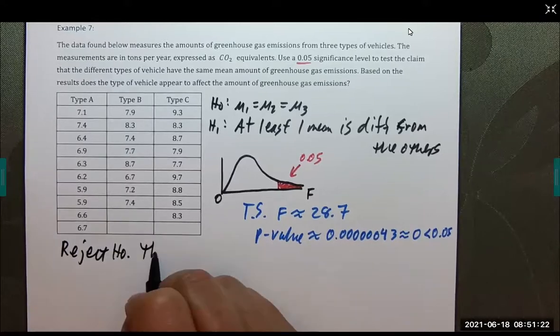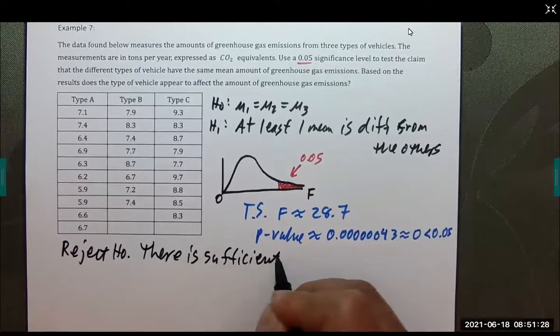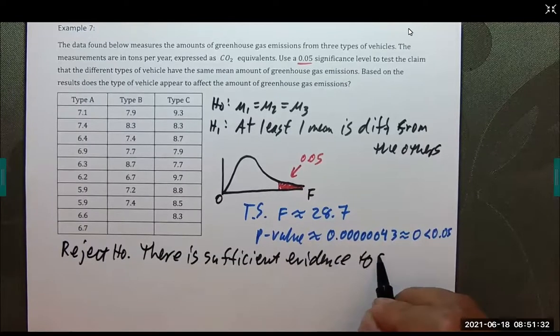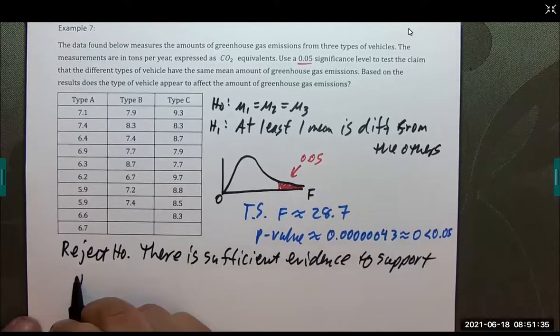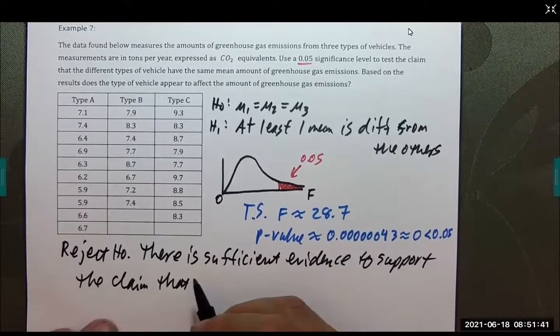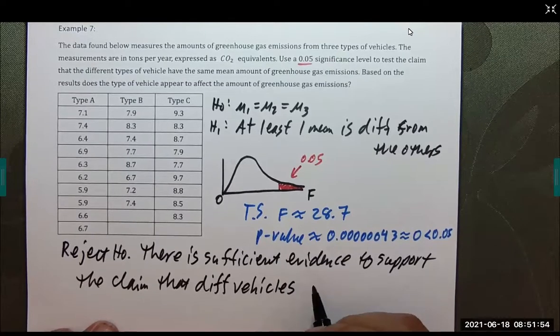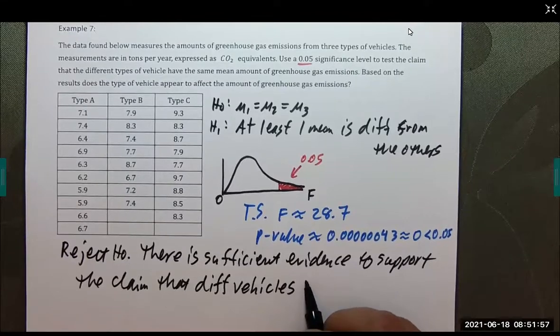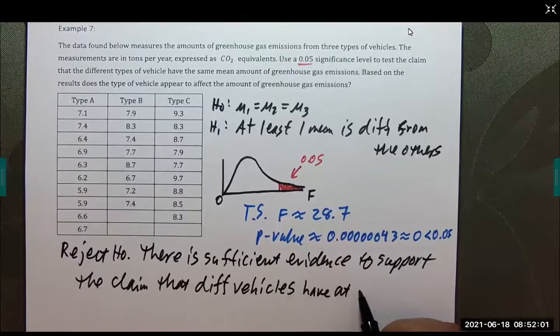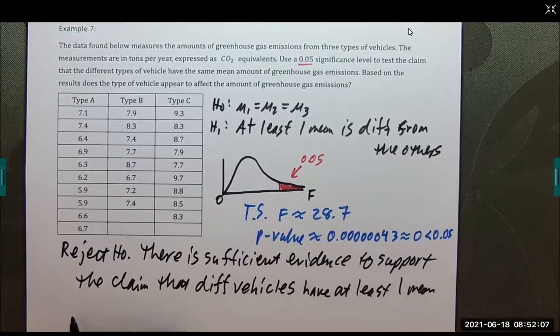So there is sufficient evidence to support the claim that different vehicles have at least one different mean.